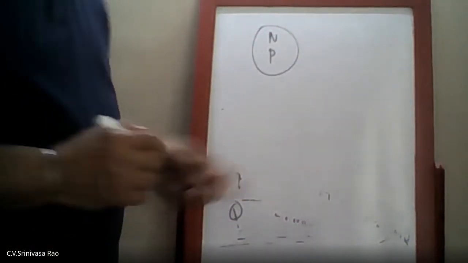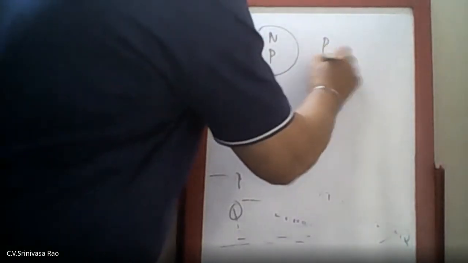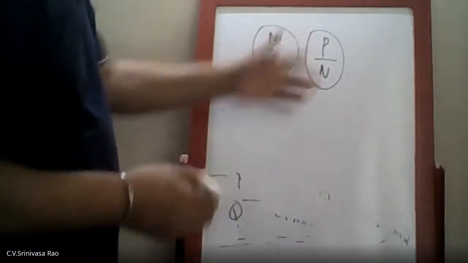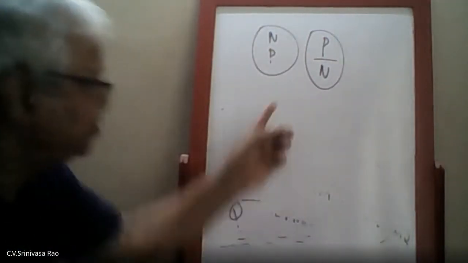So there is some ratio of P by N. But I can change this ratio by adding more and more neutrons. Once I do that, this nucleus becomes unstable.